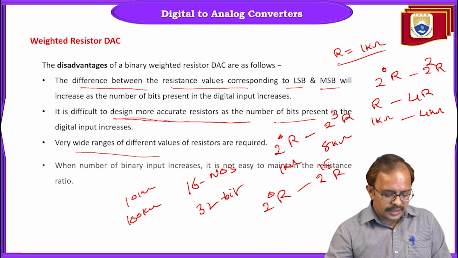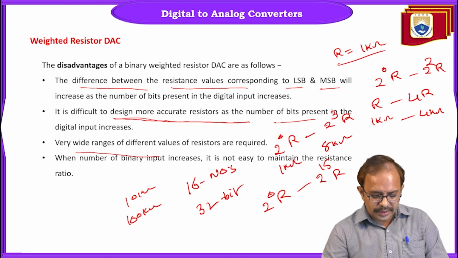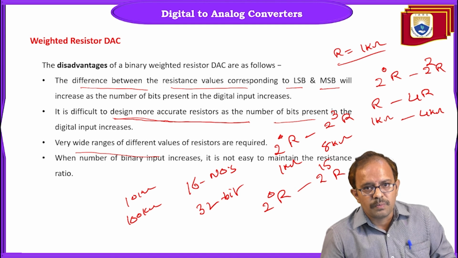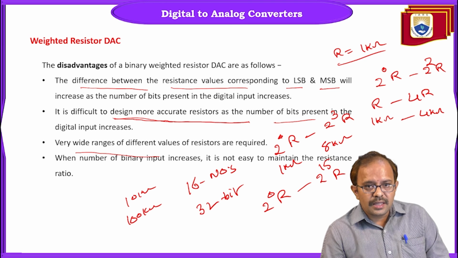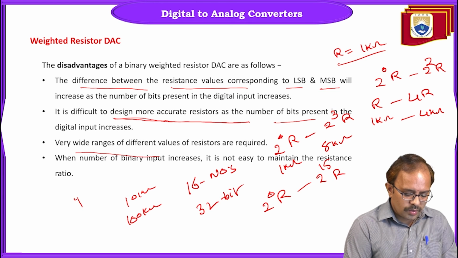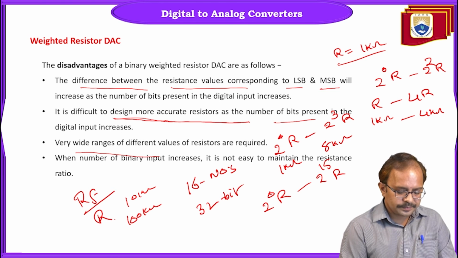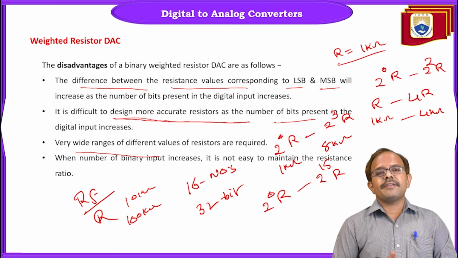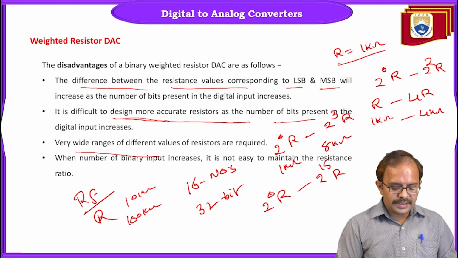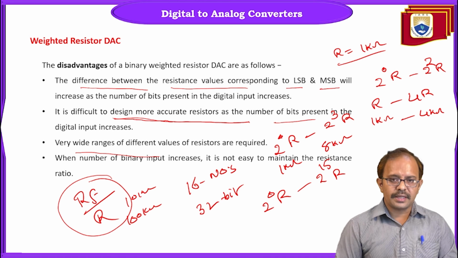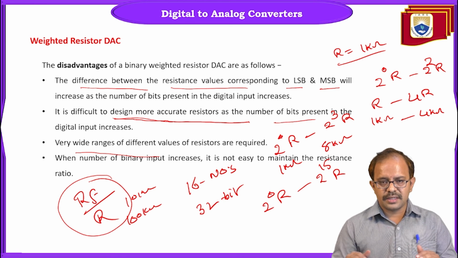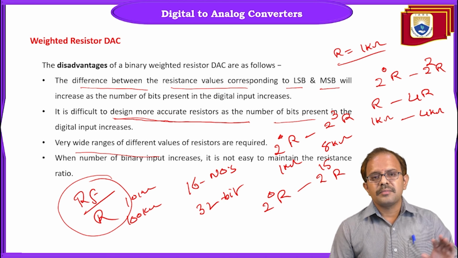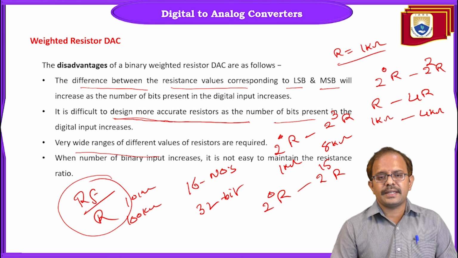So what we are going to say, as the number of binary inputs increases, it is not easy to maintain the resistance ratio also. In the output, if you remember, we have the resistance ratio. What is it? RF by R. It is very difficult to maintain this resistance ratio consistently for all the bits, for all the binary data.